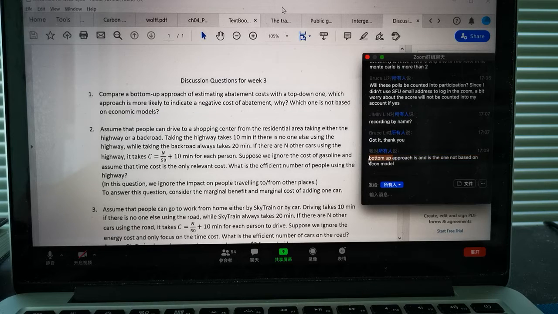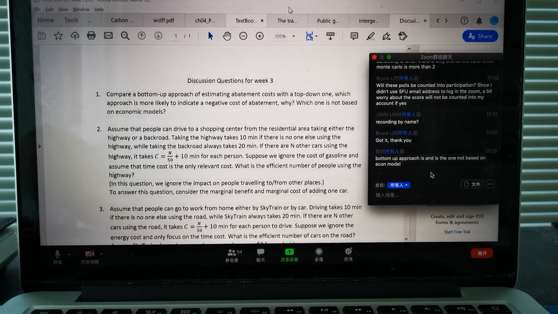So the bottom-up approach considers the potential, but it doesn't consider the economic incentives. It doesn't really consider the behavior of the market. So the bottom-up approach is kind of idealized. So it might give you a negative range of abatement cost, and it will also usually give you lower cost.